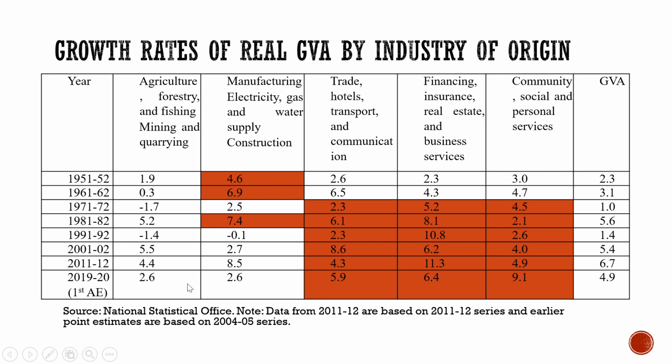But the shining part is that all the constituents of the service sector are increasing very rapidly, especially financial, infrastructure and community services, as these were growing with two-digit growth rates.